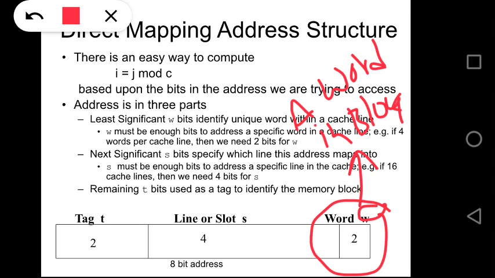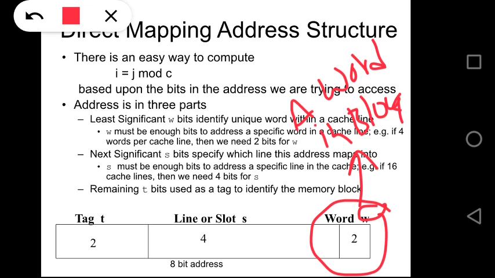Next, the significant S bits specify which line this address maps into. S must be enough bits to address a specific line in the cache.